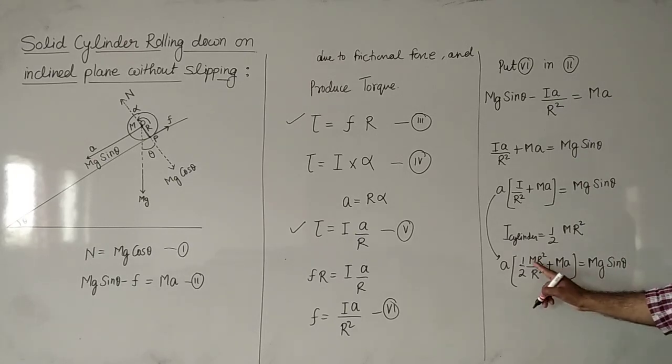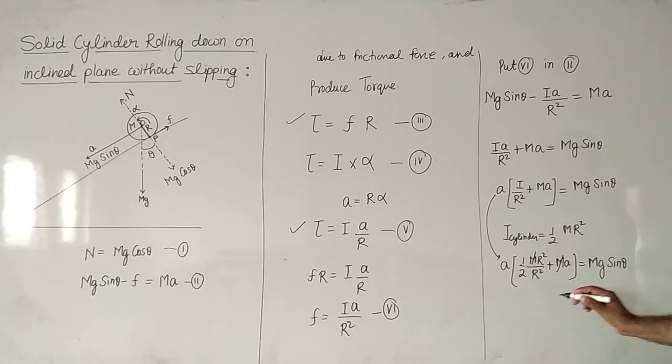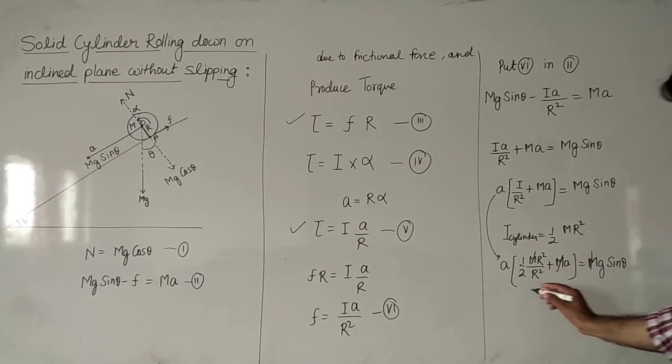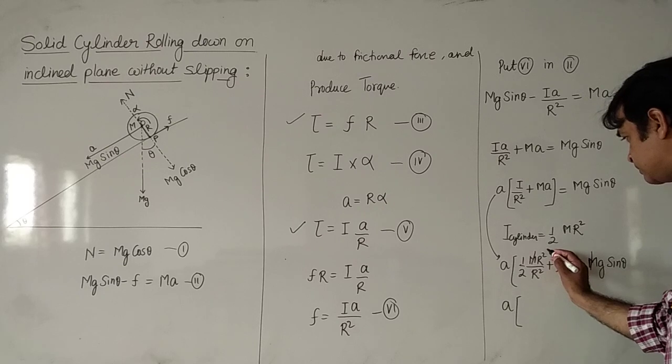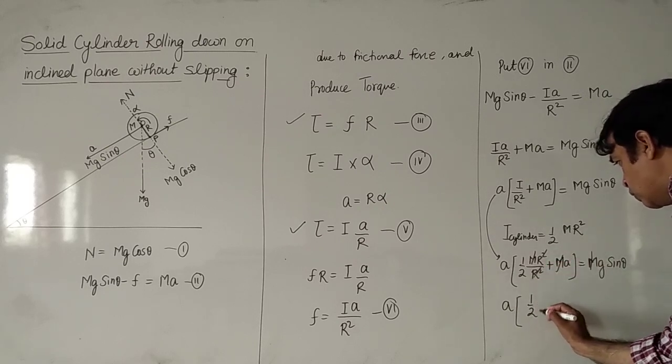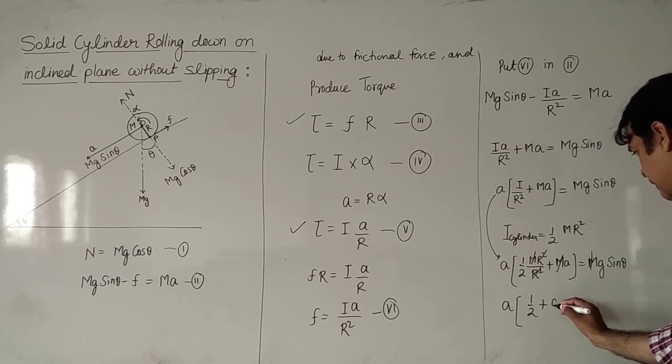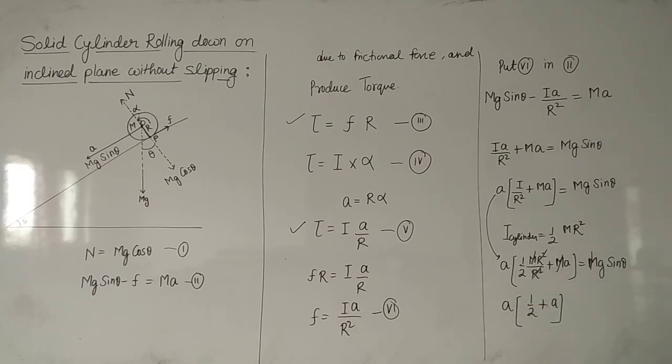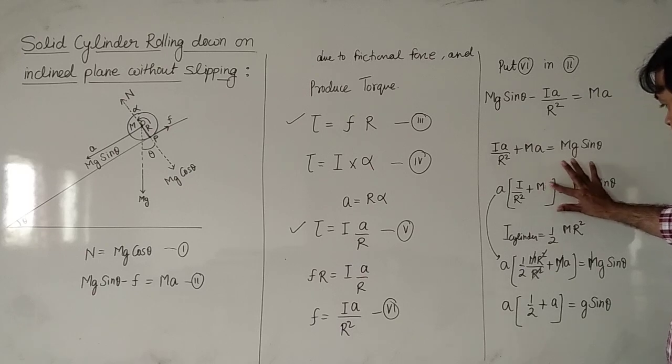By taking common m on both sides, we cancel out m, and R square also cancels out. So we get (1 by 2 plus 1) a equals g sin theta. Now write down the equation. There is a mistake in this: a was taken common, so we have to remove a from here.